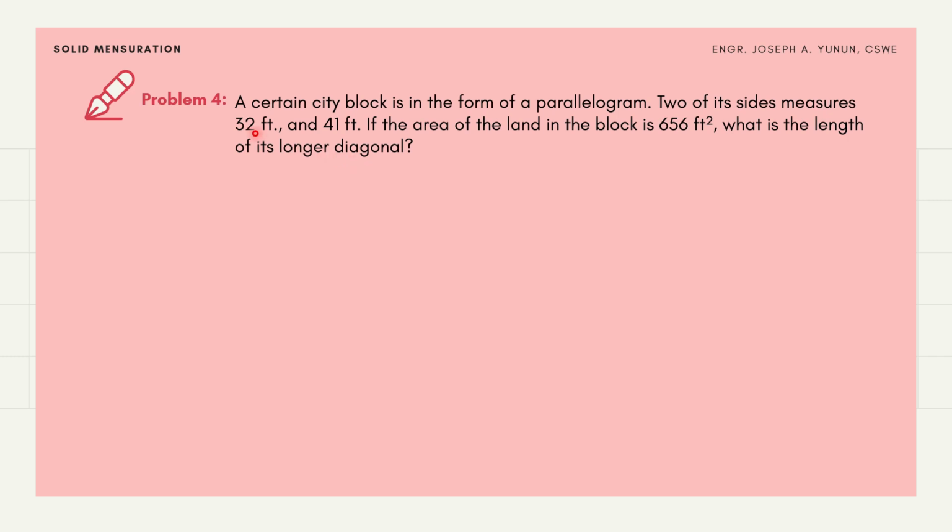Based on the given, you are given two sides and the area of the land itself. The measurements of the block are 32 and 41, and an area of 656 square feet.